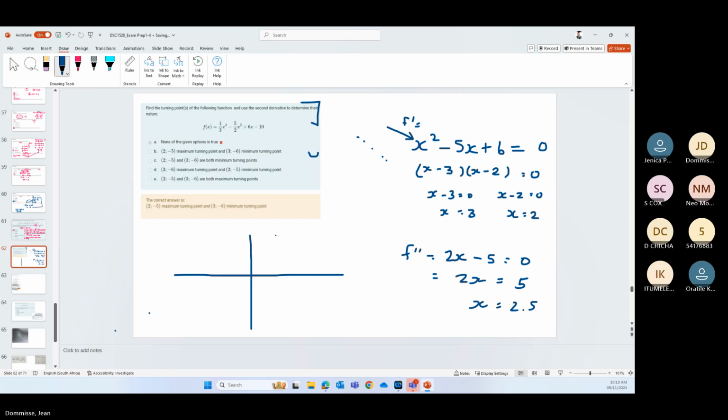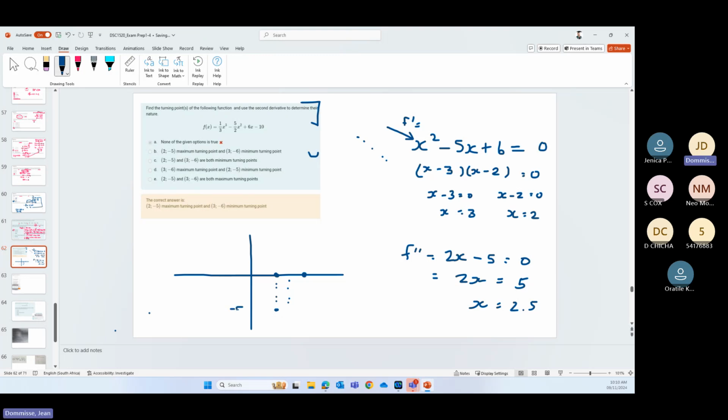Okay, so we've got the x equals 3, we've got the x equals 2, and we've got x equals 2.5. So the 2 was with minus 5, so let's do this right.